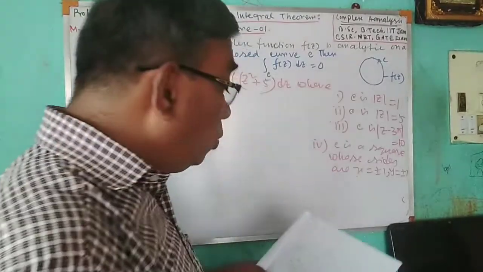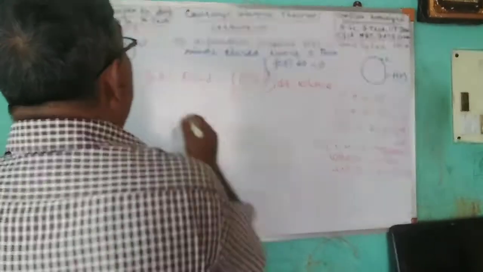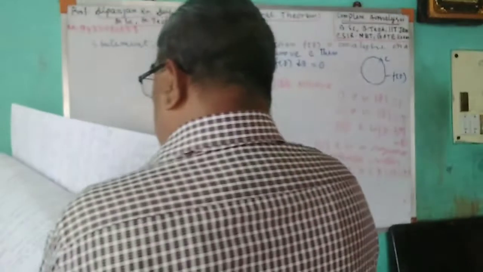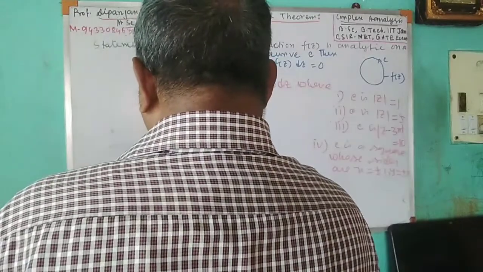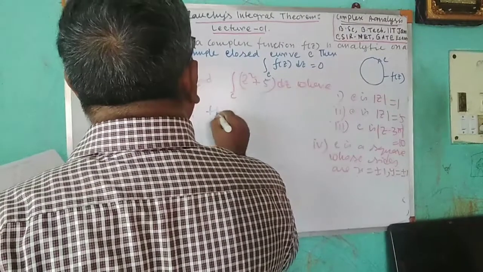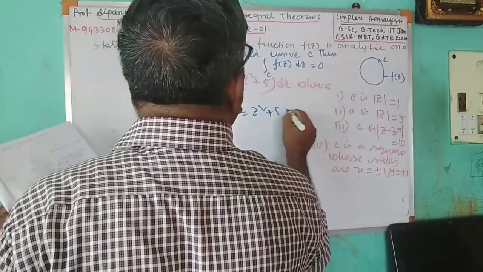Now you see what is f(z) here? f(z) is a polynomial function, f(z) equal to z square plus 5.